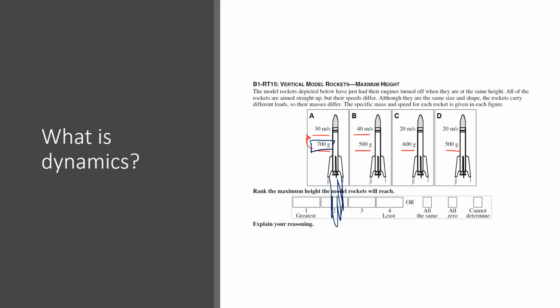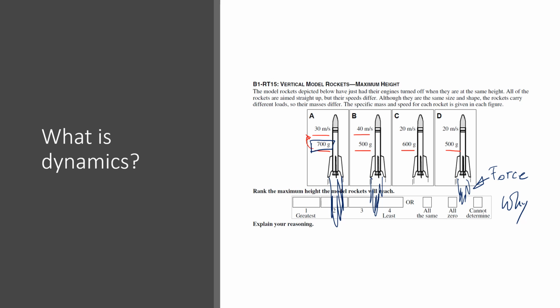Here's another fairly heavy rocket going faster. This must have had a pretty large force. But here, these guys are a little bit slower, and they're a little bit lighter, especially lighter than A. So maybe this will have a smaller force. When we talk about forces, that's dynamics. The why.